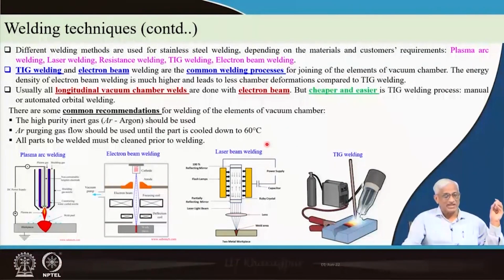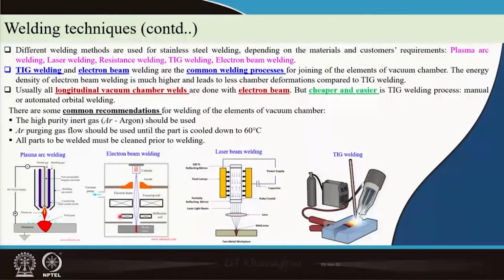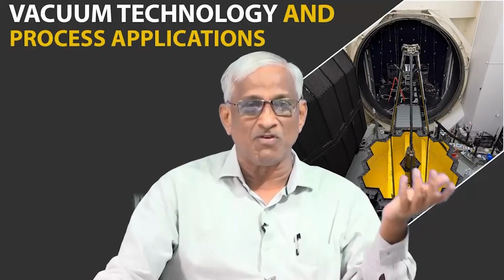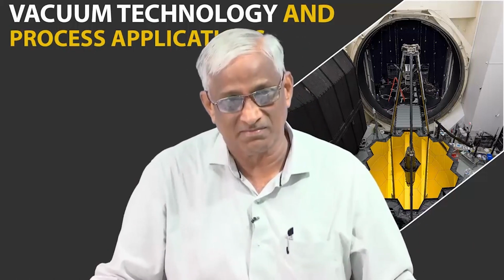We should be able to get very good welding using these advanced technologies. If these are not required for 10⁻² torr, you can use this. At component level, you can use certain electron beam technologies. So, when to use what technology, whether advanced or not, is left to the decision of the particular industry or the budget.